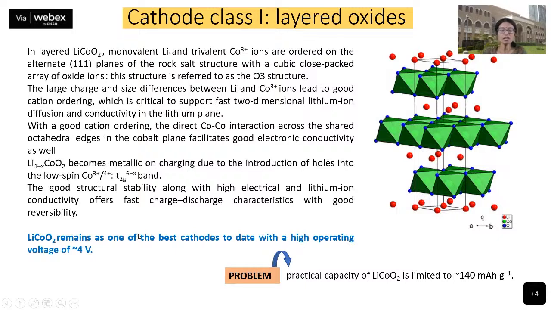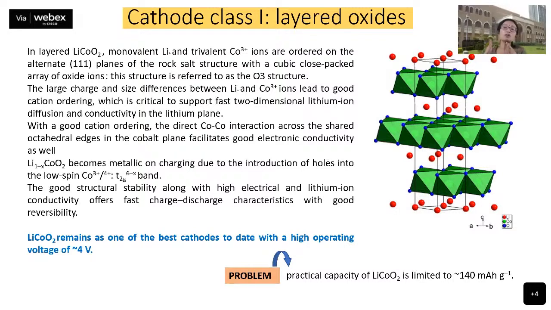So lithium cobalt oxide remains one of the best cathodes to date, with a high operating voltage of 4 V. But there is a problem for these oxides also, because the practical capacity of this material is limited to 140 milliampere hours per gram, though the theoretical capacity of this material is around 274 milliampere hours per gram.